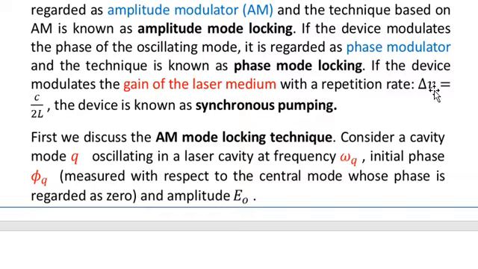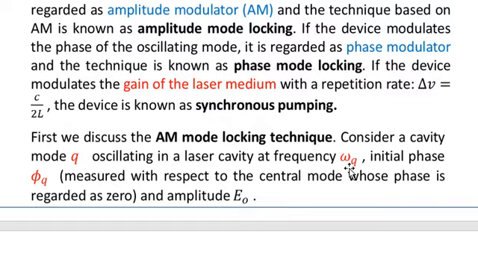And in terms of angular frequencies, we have the frequency omega q. So this is delta nu, and corresponding to delta nu we have delta omega.